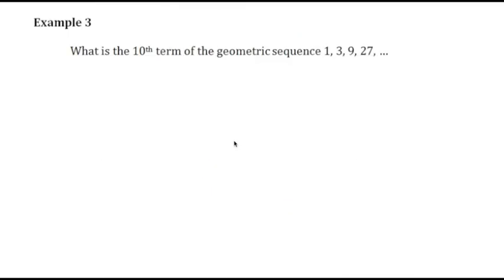Now we're looking at example number 3. What is the 10th term of the geometric series 1, 3, 9, 27? So remember we want to find our common ratio first, our r value. And you do that by taking one term and dividing by the term just before it. So you can do 9 divided by 3, or you can do 27 divided by 9, or you can do the first and second one, which is 3 over 1.